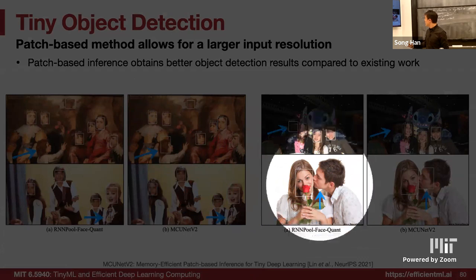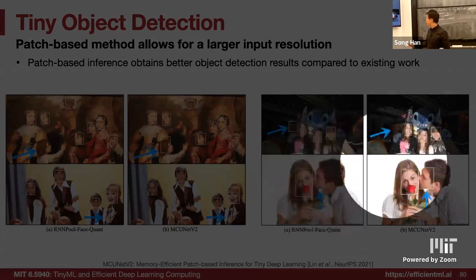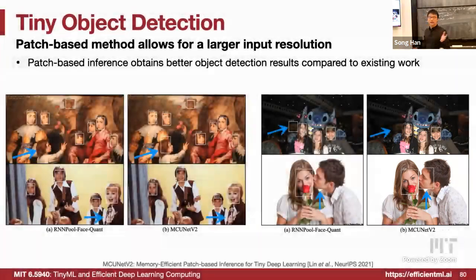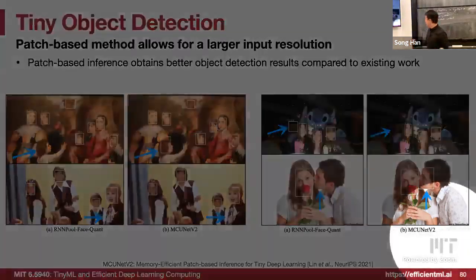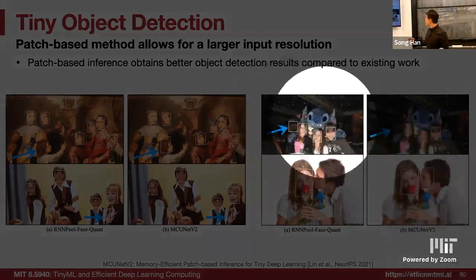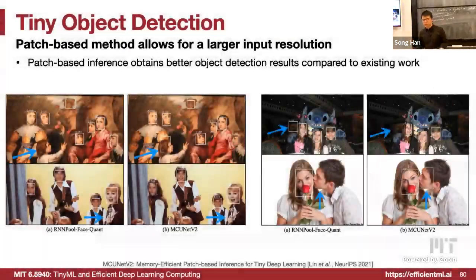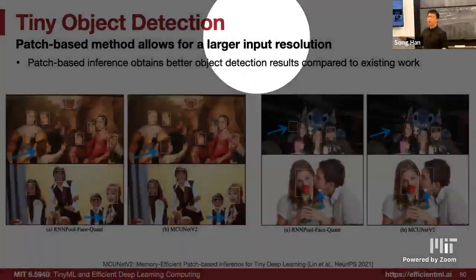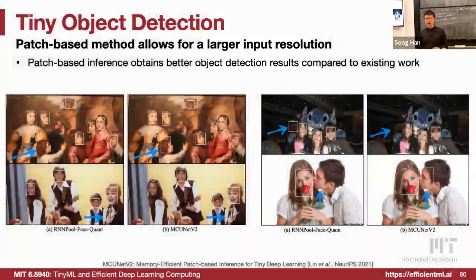Versus here, the man got lost without a bounding box because the face was a side face, and now we can detect it using MCUNetV2. Here is a missed prediction. Here is no missed prediction. So high resolution helps a lot. The patch-based method allows for larger input resolution, which helps a lot with the accuracy.